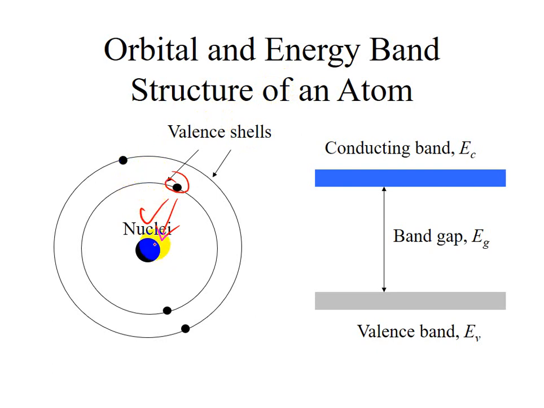The further away from the nucleus, the more energy the electron has to move or to escape from the attractive force of the nucleus. In that case, the electron energy is proportional to the distance from the nucleus. So the electron further away from the nucleus has higher energy than the innermost electron.